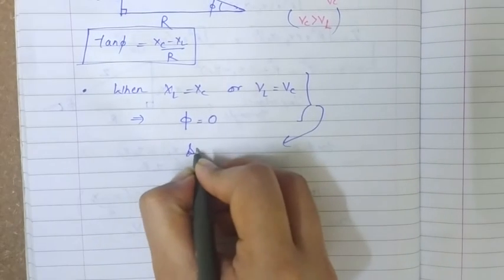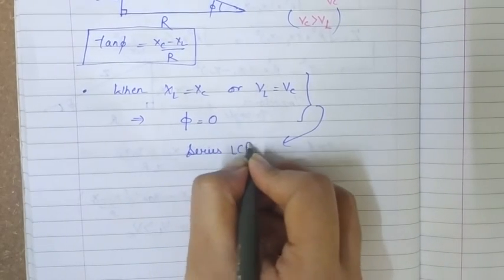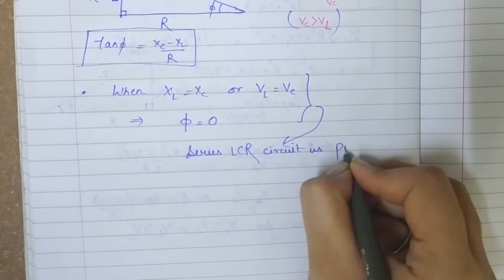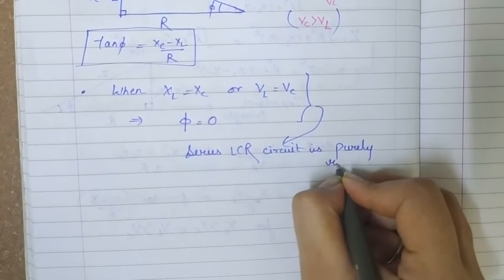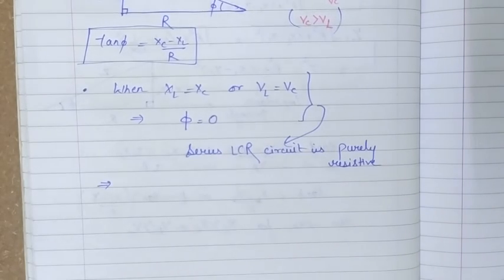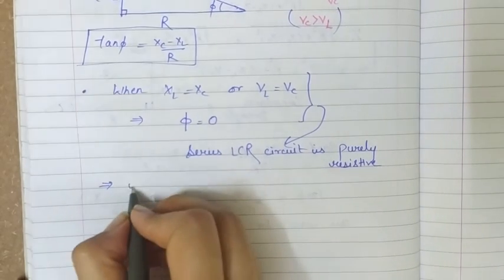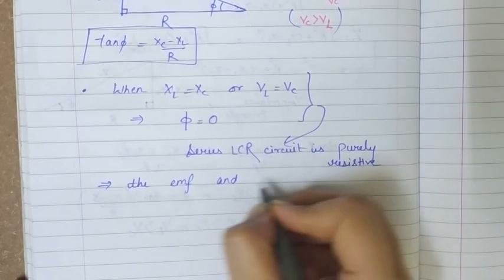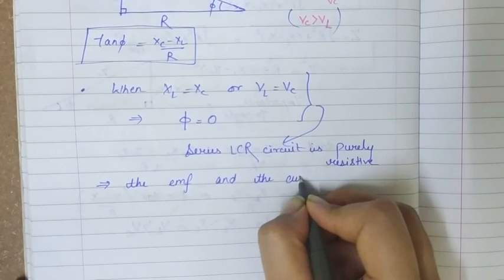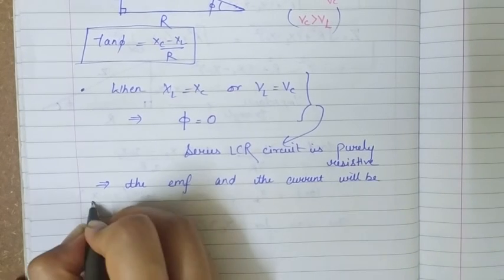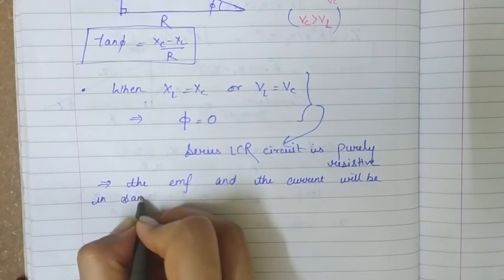So in this case, the series LCR circuit is purely resistive, and when it is purely resistive, we know that for a purely resistive circuit, the EMF and the current will be in same phase.